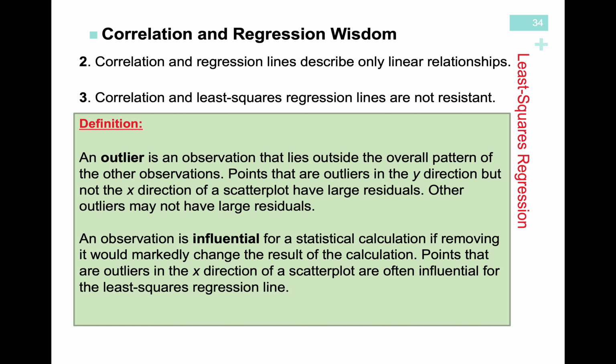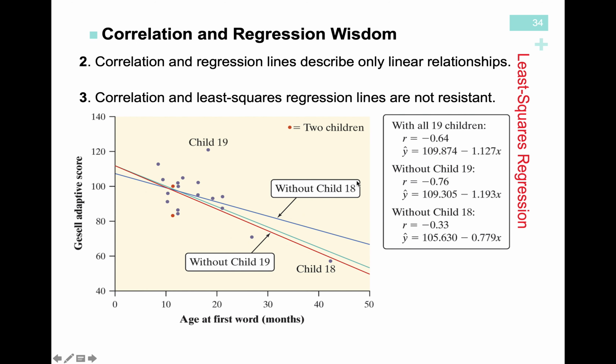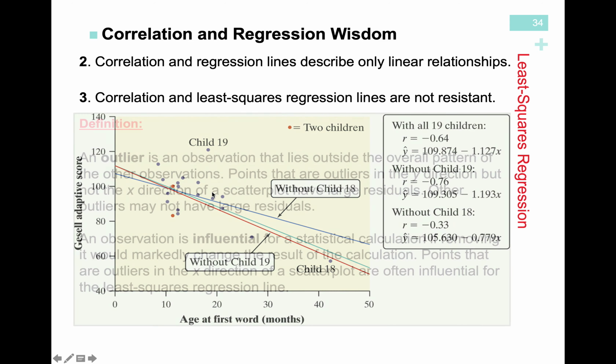Other outliers may not have large residuals. So child 18 is not going to have a very large residual. You see it's relatively close to that line in the center. So child 18 does not have a huge effect on the residuals, but it does have a huge effect on the equation of the line. Child 19 has a huge residual, but has less of an effect on the equation of the line.